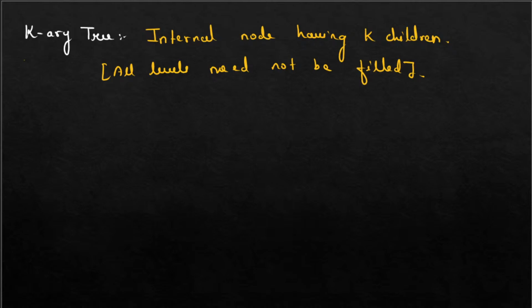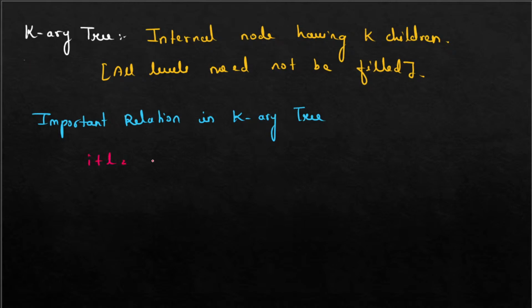So let's understand one important relation in K-array tree, which is: I plus L equals to IK plus 1.